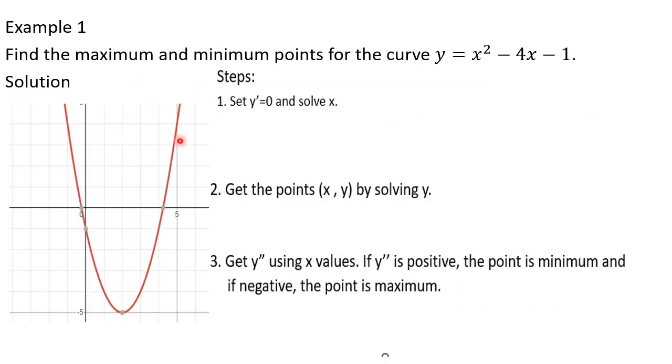So find the maximum and minimum points for the curve x squared minus 4x minus 1. This one is your f of x.